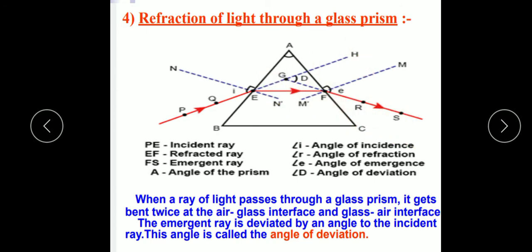The angle between these two, angle D, is called the angle of deviation, and it depends upon the angle of the prism. So the emergent ray, when it passes through a glass prism, is deviated by an angle to the incident ray. This angle is called the angle of deviation.